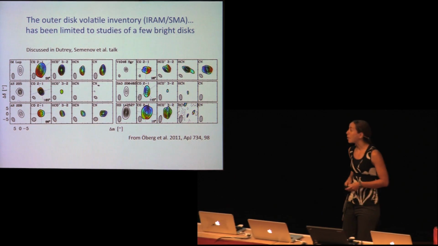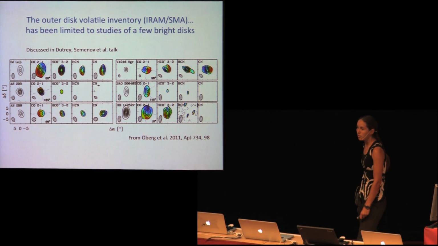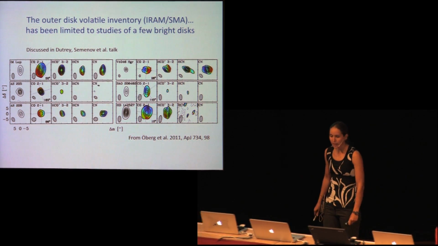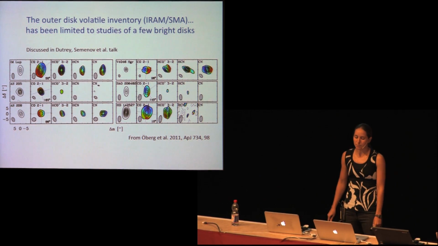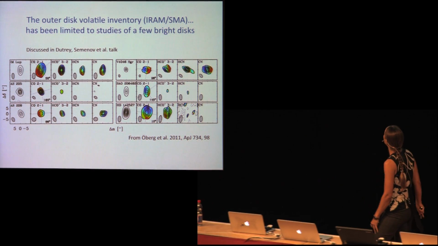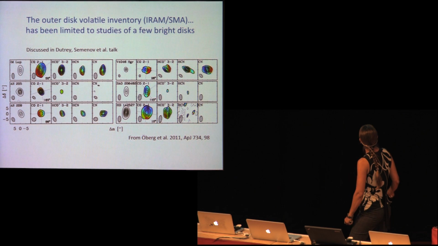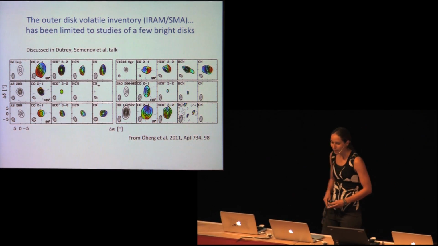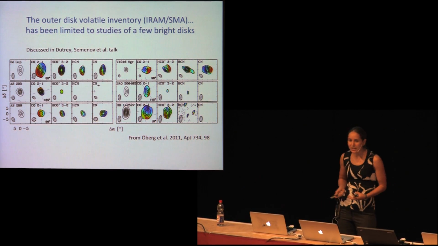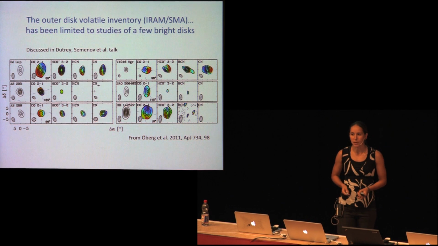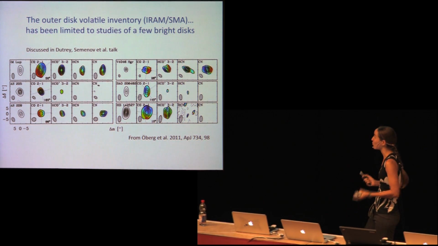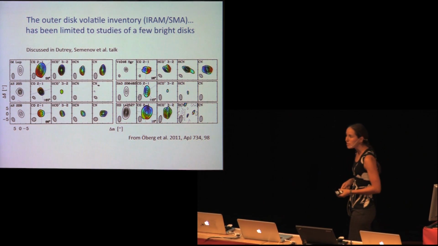And we heard a lot about how chemistry is being used, especially to study physics, using millimeter data from Dmitry Semenov. He also pointed out, however, that the number of disks where we've been able to study chemistry with millimeter arrays, I think his number was 12, is a very small number of disks.